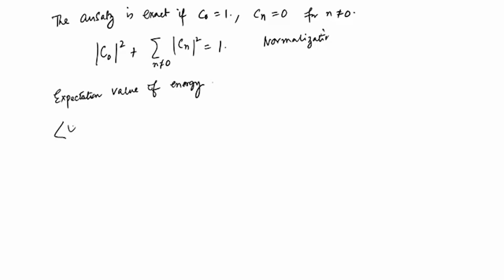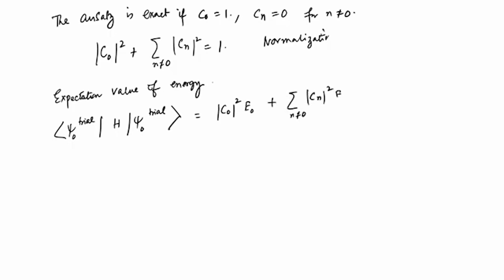And this will be, with this trial wave function that you have, psi 0 trial. There is no problem in calculating this, because you know the Hamiltonian, and then you can calculate these expectation values, and this would be simply equal to C 0 mod square E 0 plus the sum over n not equal to 0 of C n mod square E n.